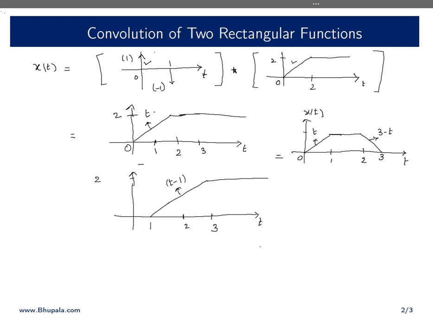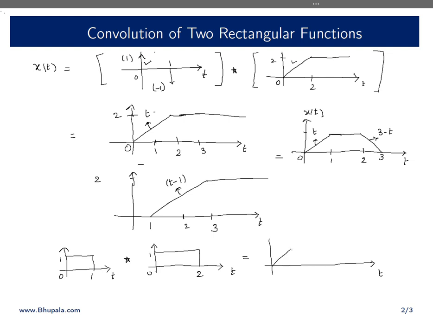Let us summarize what we have got. We have seen that the convolution of a rectangle from 0 to 1 with amplitude 1, with another rectangle of amplitude 1 from 0 to 2, would be equal to a trapezoidal signal from 0 to 3.